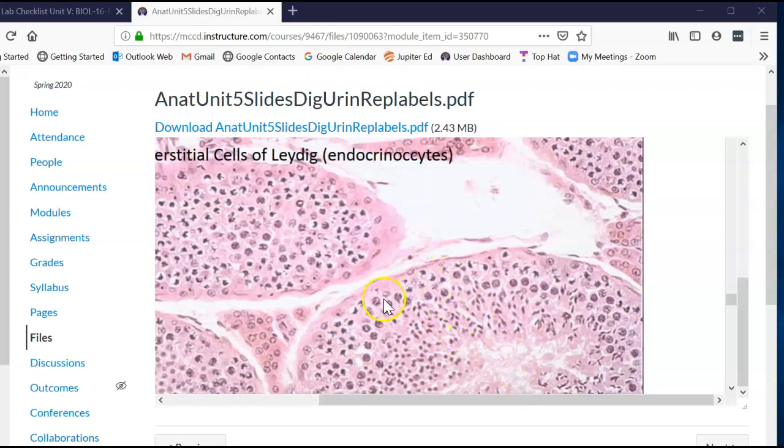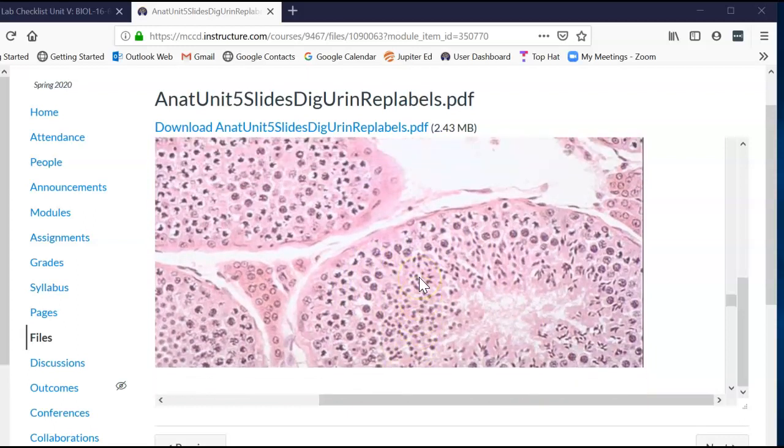Generally speaking, and it might be hard to see all these cells at this point, you would see on the outside the first stage of cells. These first layer of cells, such as the ones that are hanging out right along this edge here, are called spermatogonium.